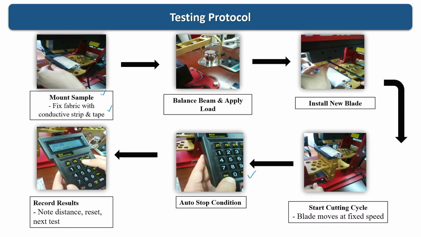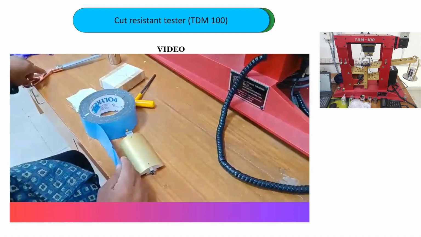Record the result, note the distance it has travelled, and then we reset it to 0 for the next test. These are the different stages of testing.